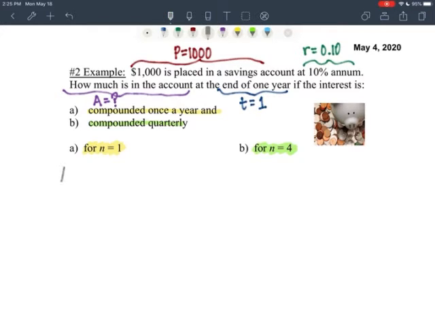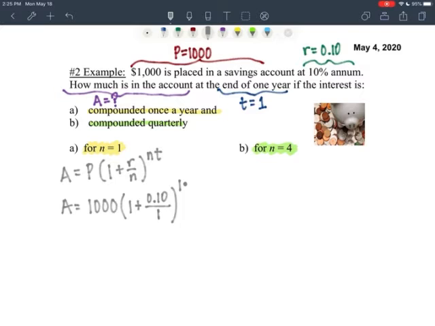For compounded once a year, let's use the new formula that we just learned. A equals P times 1 plus R over N, raised to the NT power. A is unknown. P is 1,000. R is 0.10. Compounded once a year means N equals 1.